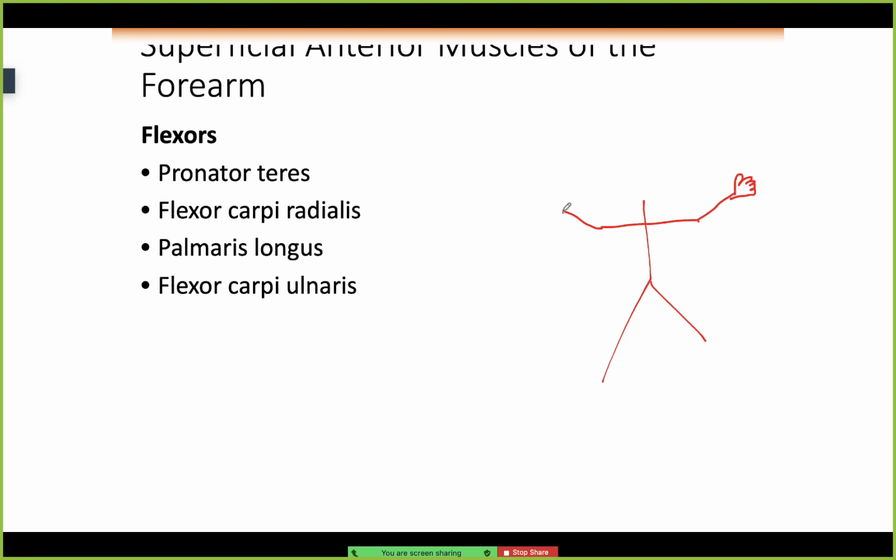And I have to draw this because I'm trying to show you flexion versus extension. So when you take the palm of your hand and you bend it this way, it is called flexion. When you move it this way, it is called extension. So I'm going to label that with an F, and I'm going to label that with an E.